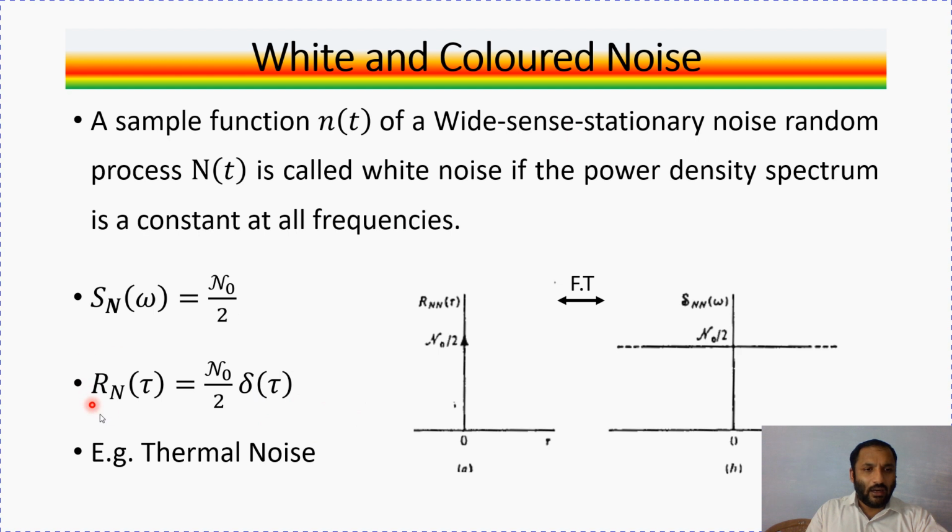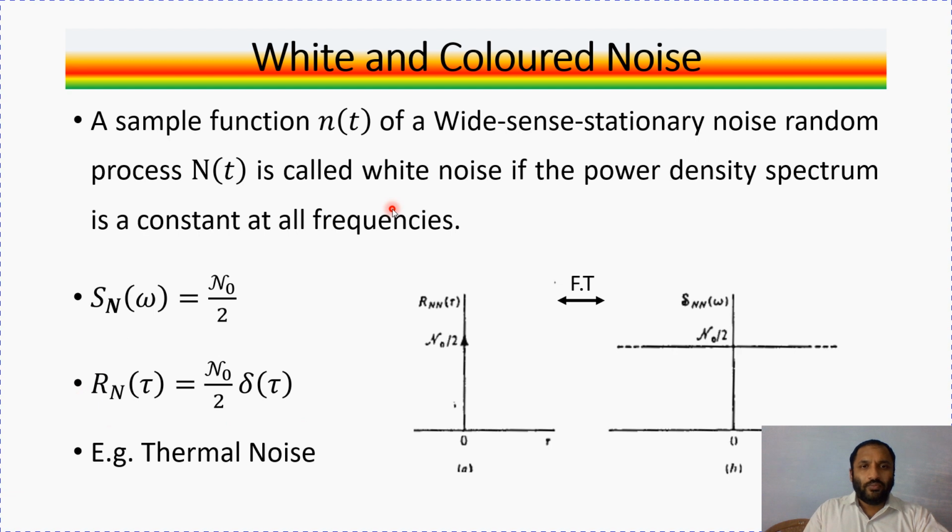You can see that the autocorrelation function is a function of only tau, the time difference between those time points. Hence, the second condition for wide-sense stationarity will be satisfied.